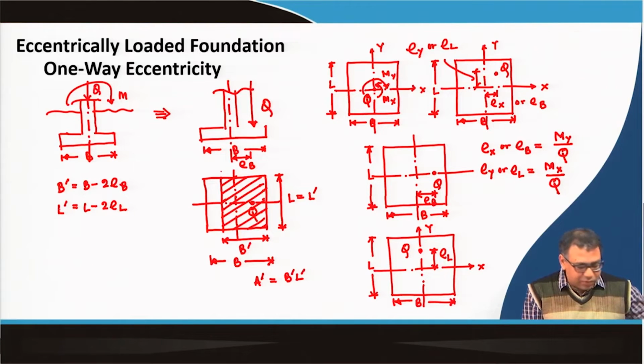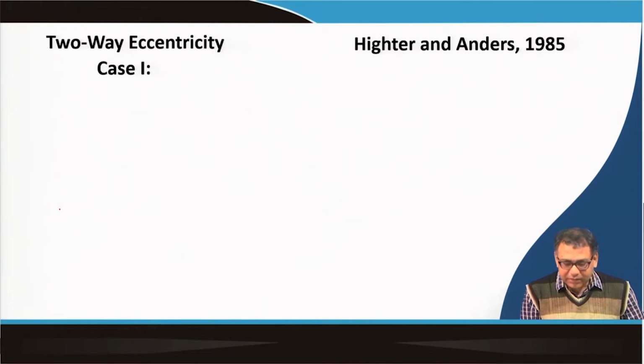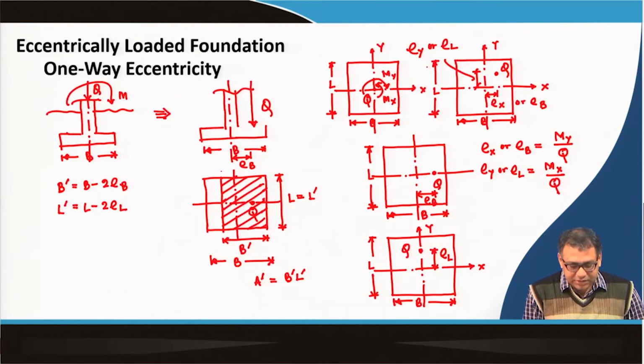Okay. So, now if I go to the two way eccentricity, how I can calculate the eccentricity value, that I will discuss here. Now, in the two way eccentricity there are four cases discussed, which were proposed by these two authors in 1985. So, first case, if you go back to that previous expression, those are given.